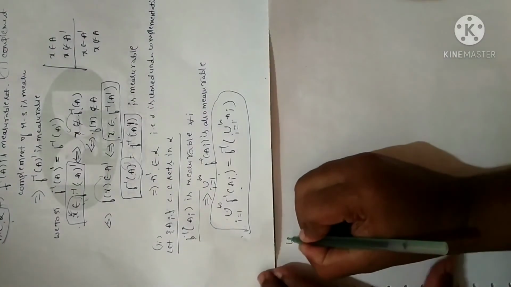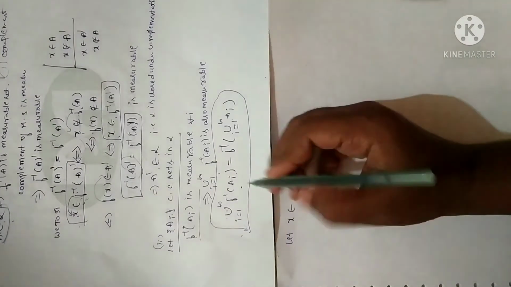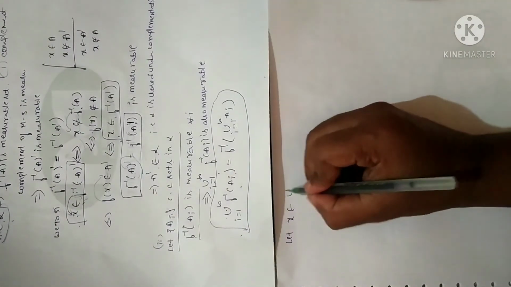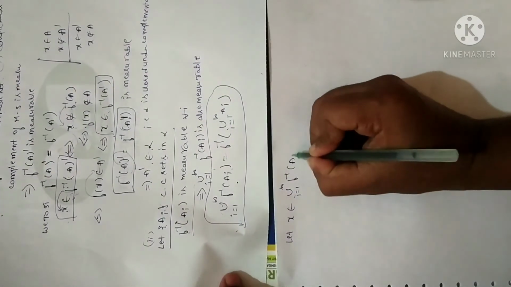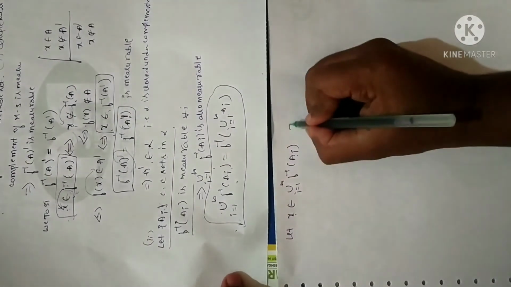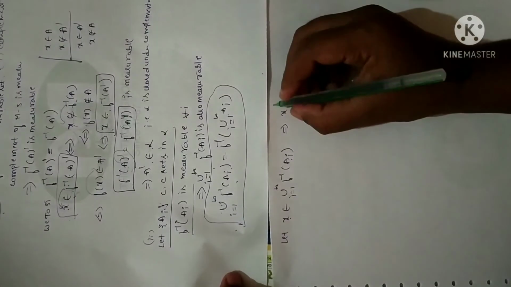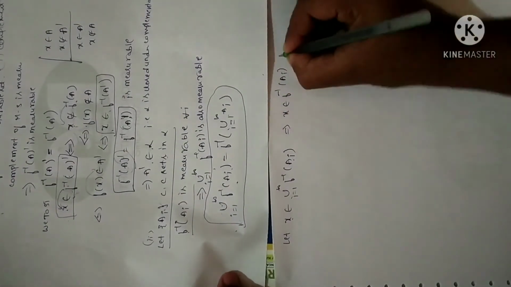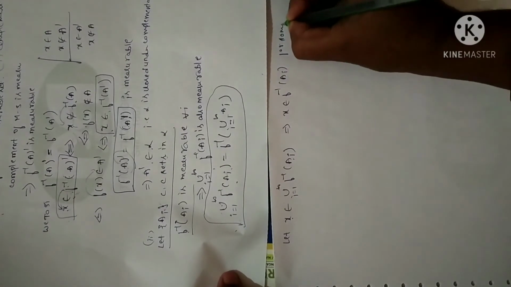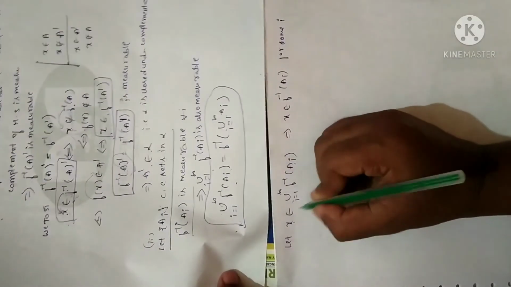Let me take an element X which belongs to the first set, that is union I is equal to 1 to infinity of F inverse of AI. If this element belongs to this set, I can say X belongs to F inverse of AI for some I. For some I, in the sense it contains a collection of I number of sets.